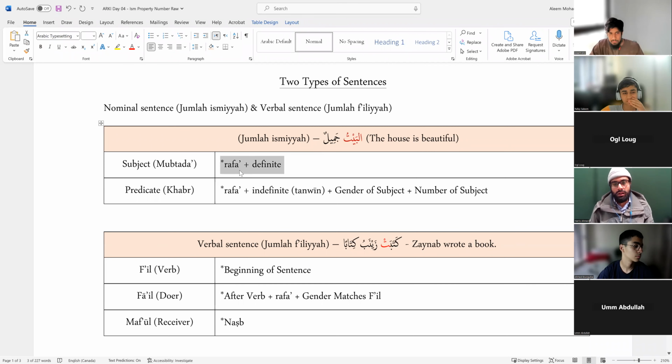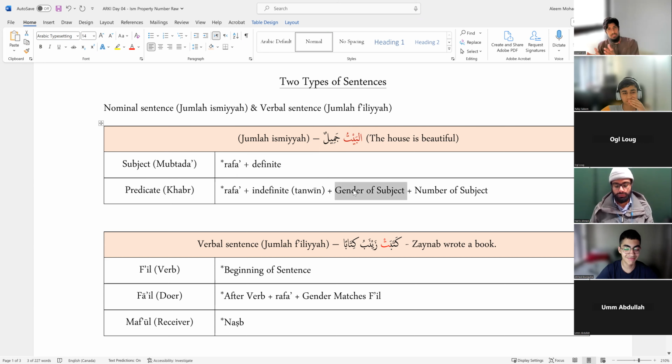You got your mubtada. Now, the predicate, or the khabar in Arabic, is going to be rafa as well. So we have our dhamma ending, but it will also be indefinite, which is usually signified by a tanween. And one thing that we learned yesterday is that the gender of the subject will have to be matched, right?